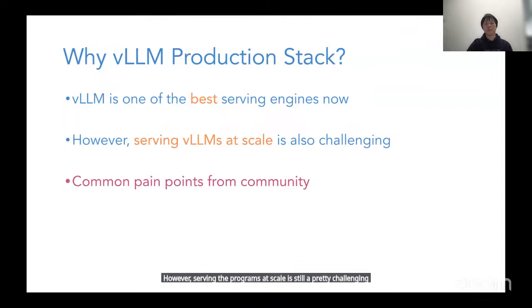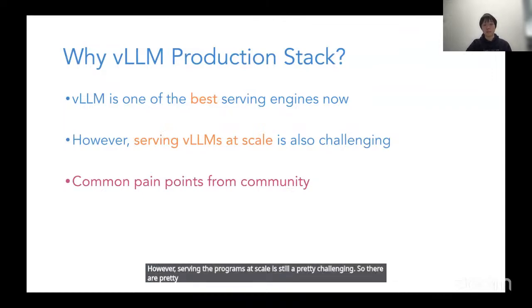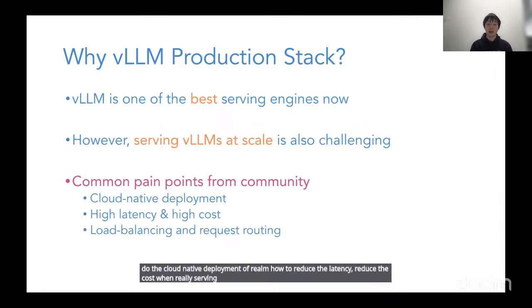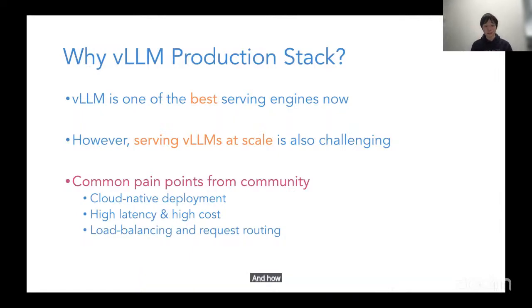There are multiple common pain points we heard from the community, like how to do cloud native deployment of vLLM, how to reduce latency and cost when serving production workloads, and how to do load balancing and request routing smartly to best utilize, let's say, prefix caching.